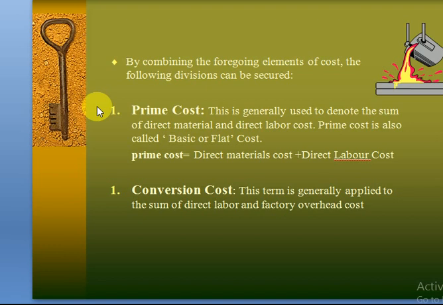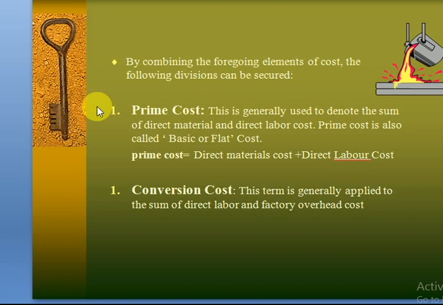Or conversion cost is that cost which is incurred during the transformation of raw materials to finished goods.